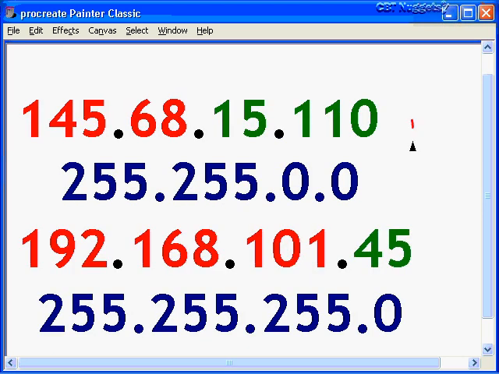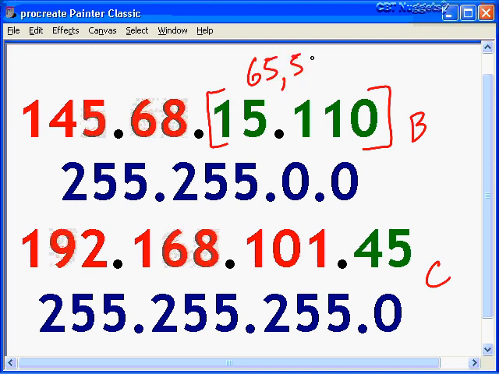Remember earlier we looked at this Class B address and this Class C address, and we realized that this Class B address, since it uses 2 octets or 16 bits to represent the host, gives me 65,534 hosts per network. Well, think about it. You're not going to find an Ethernet domain or a local area network that has 65,000 hosts in it.